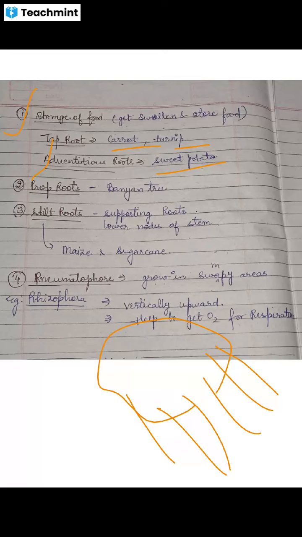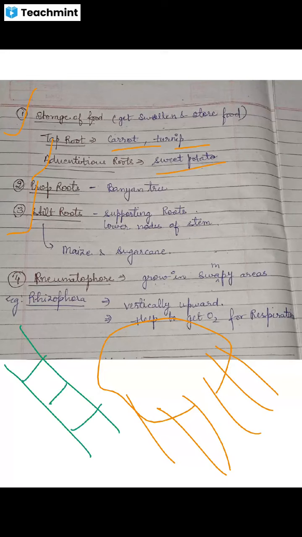Then stilt roots. Stilt roots are other supporting roots. They arise from the lower nodes of the stem and are present in maize and sugar cane. Like I am drawing it, see, this is the maize plant and it has nodes in between.